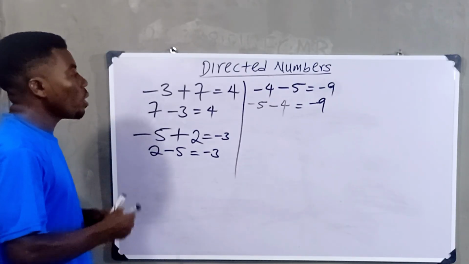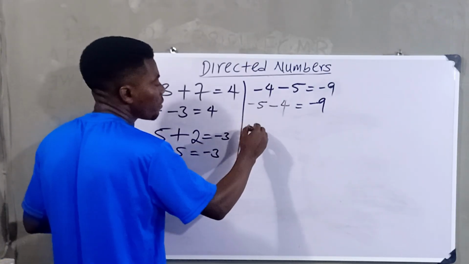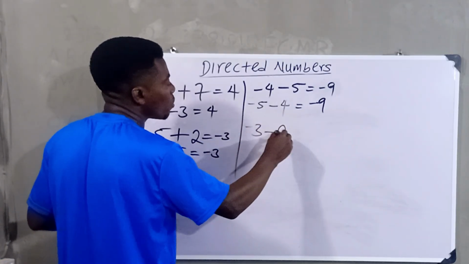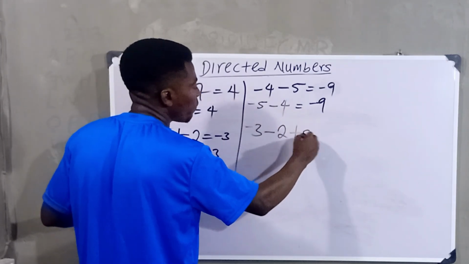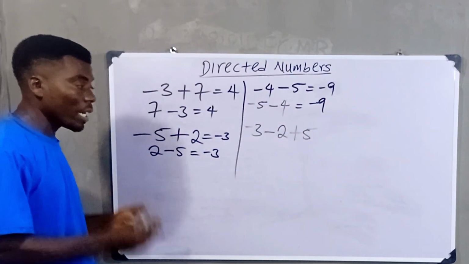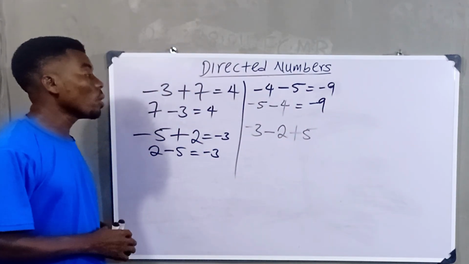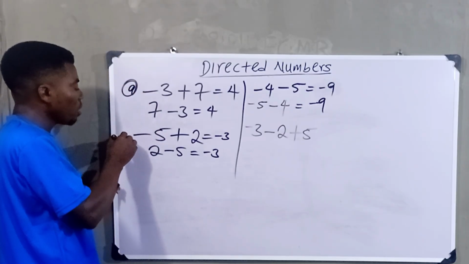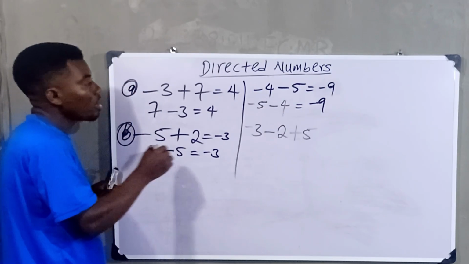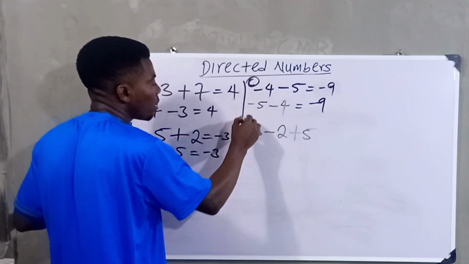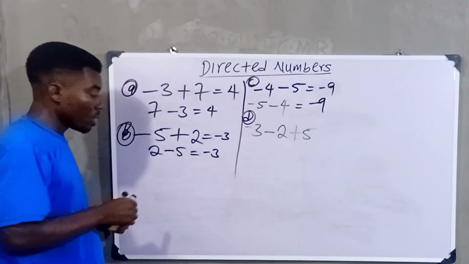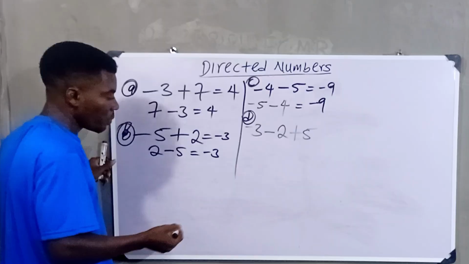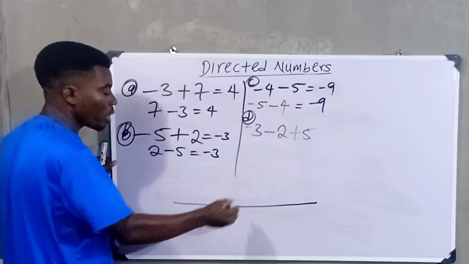Okay, then what if you have negative 3, negative 2 plus 5? Let's name this A, this B, here C, and then this one D. Well, there was no need to clean that number line, but quickly let's go through it.